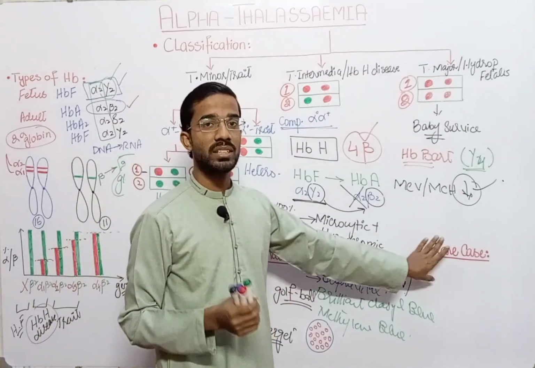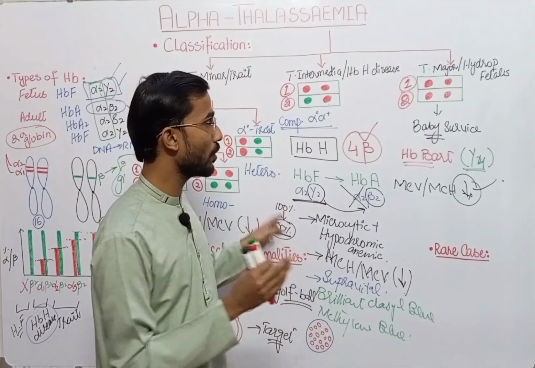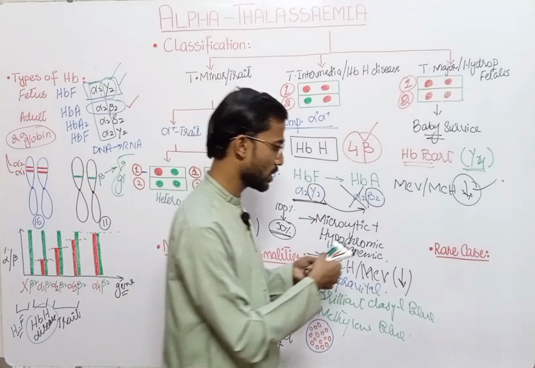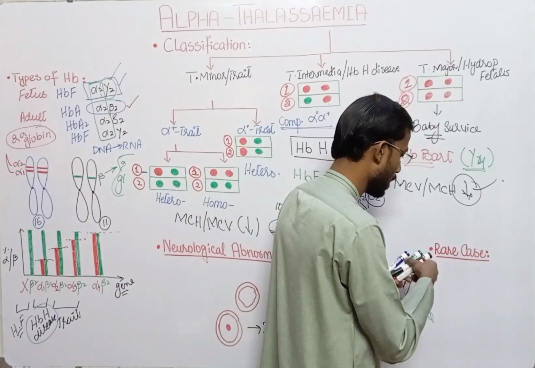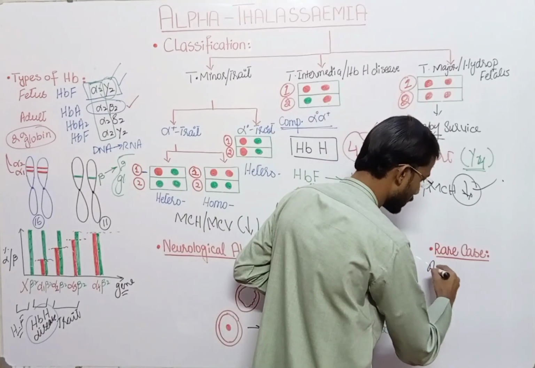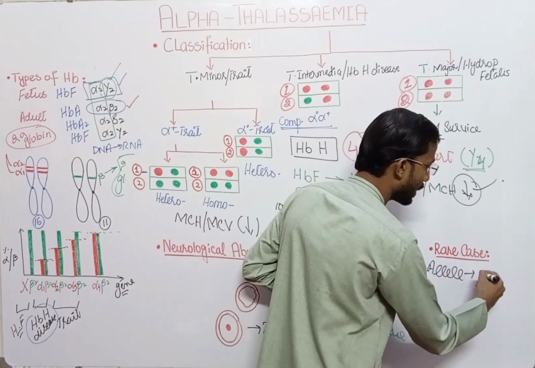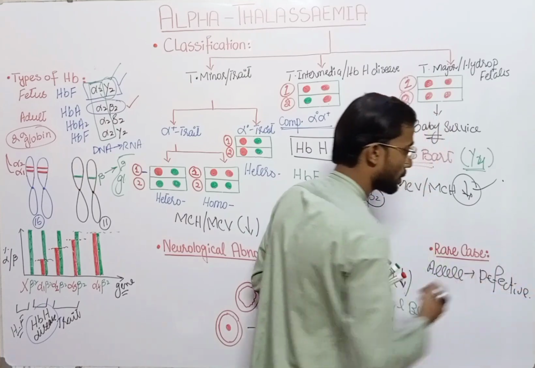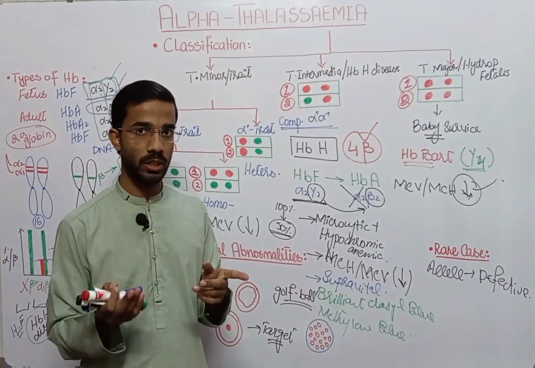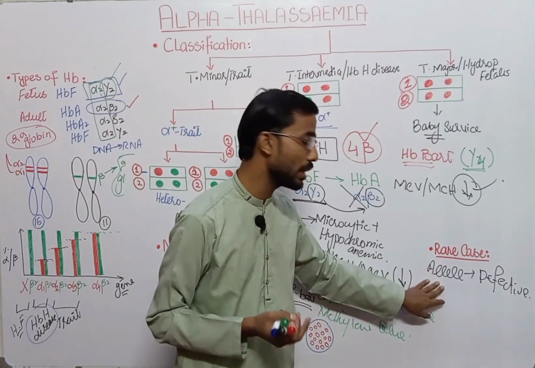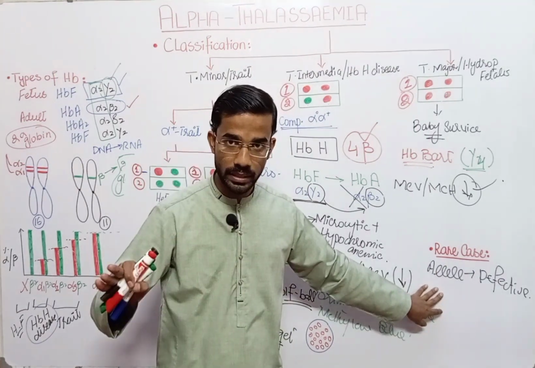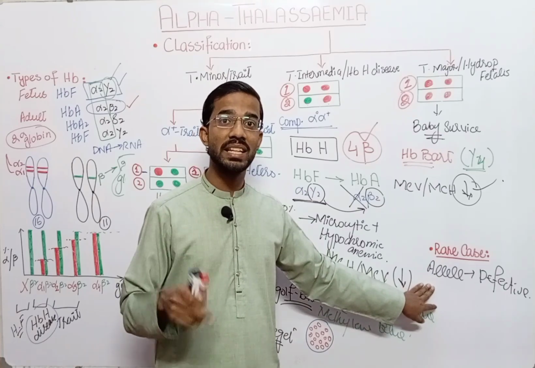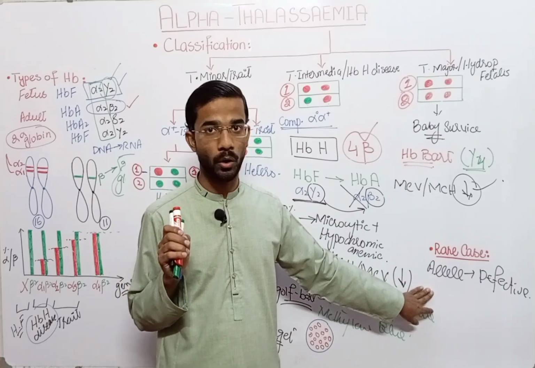And last is a rare case. Up till now, we have discussed the defective or the deleted allele. In some cases, when the alleles are dysfunctional or defective, two situations can happen. First, the allele is deleted, and second, the allele is defective. If the allele is deleted, then there will be no globin chain.